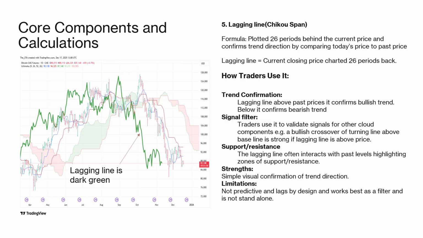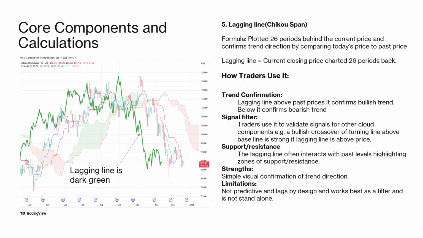The lagging line is the last component of the cloud system, and it is plotted 26 periods behind current price and is used to confirm trend direction by comparing today's price to past price. I particularly find this very helpful. The lagging line above past prices confirms a bullish trend. If it's below, it confirms a bearish trend.